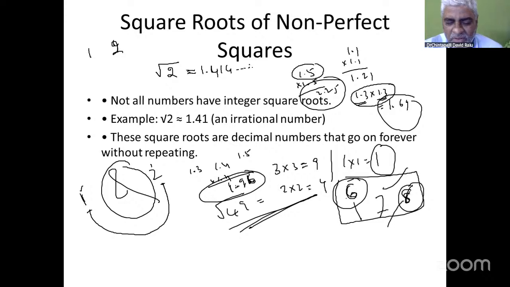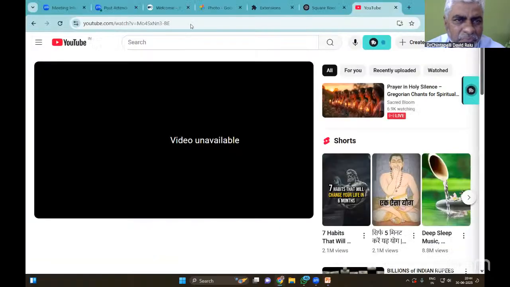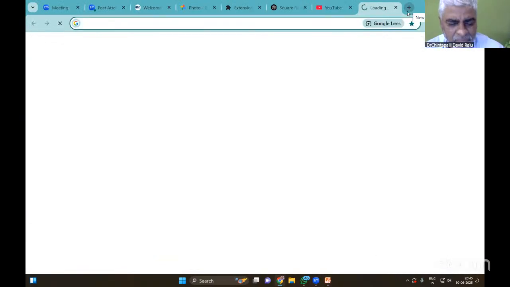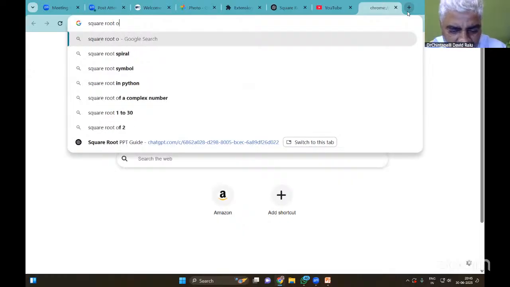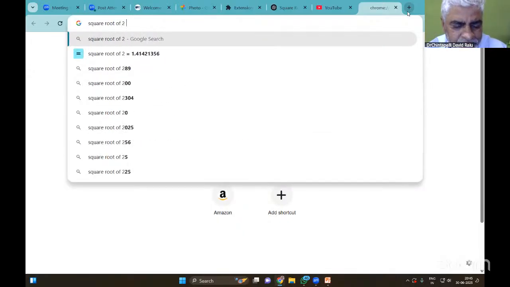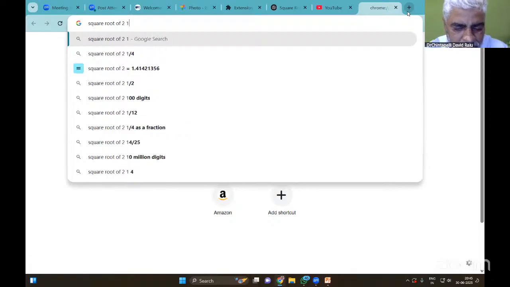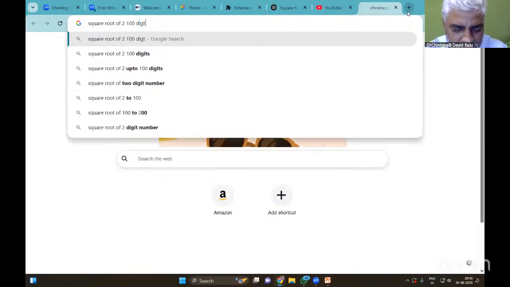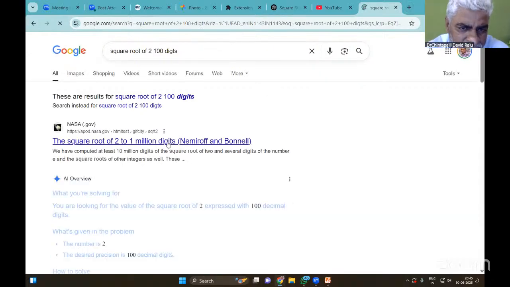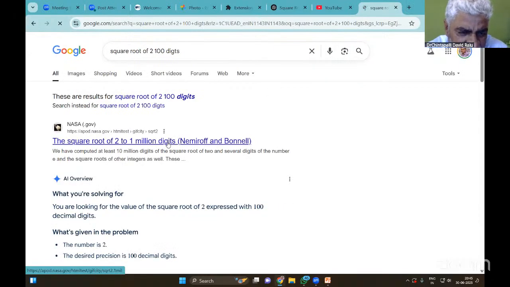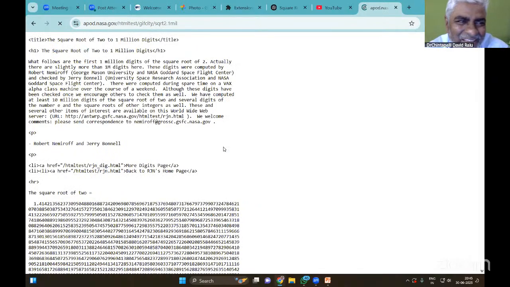I will show one number. You will be surprised. Scientists are very interested in finding the square root of 2.